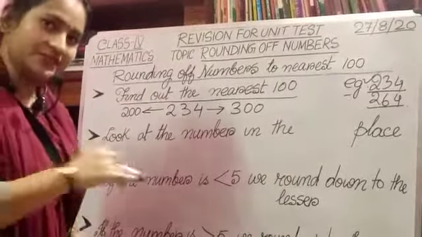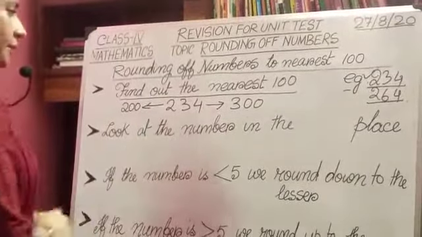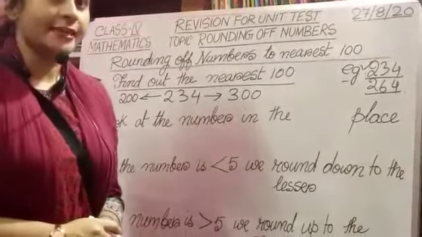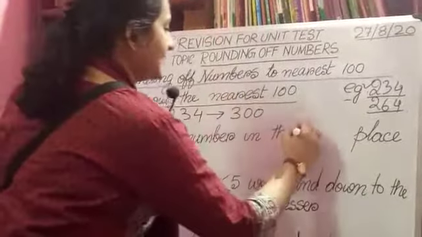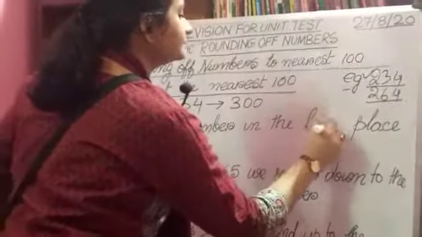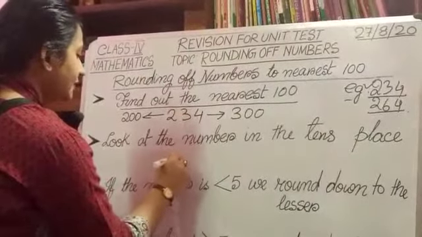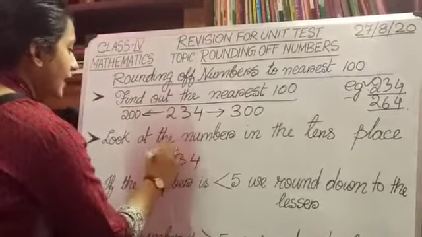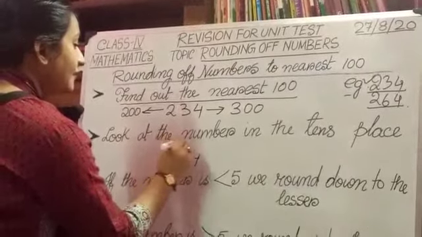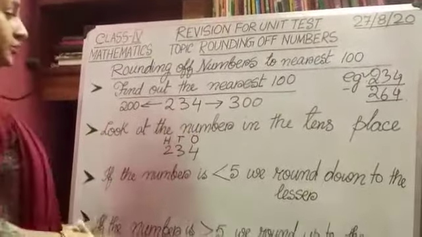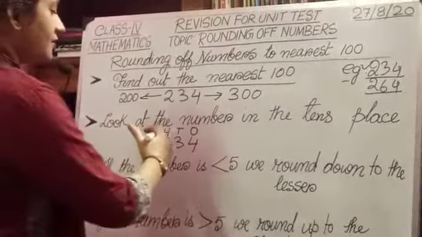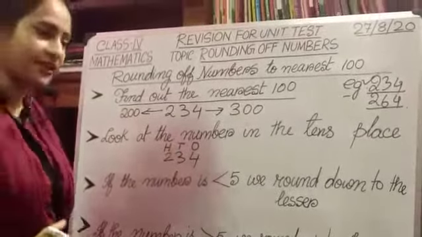Now come to the second step. Look at the number in the tens place. So again I am writing 234 and I am writing their place values, placing the numbers according to the place value chart.